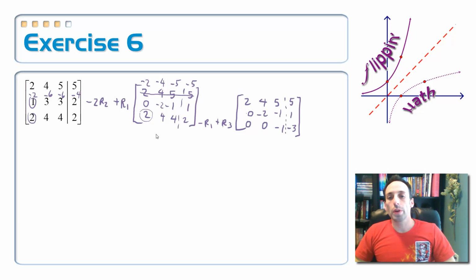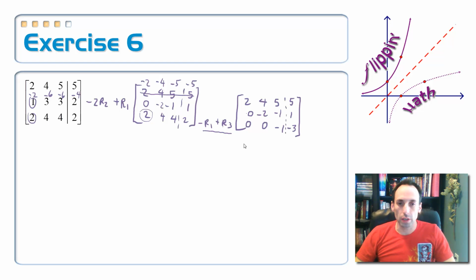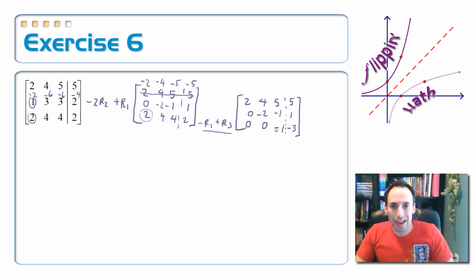Notice that whenever I replace a row, whenever I write my little equation that says what operations I'm doing, I put it on the row that I'm replacing. It's just a visual thing to help whoever's looking at it, maybe even you, see what you're doing. Now the next thing, let's multiply the bottom row by -1 in order to get rid of all the negatives.